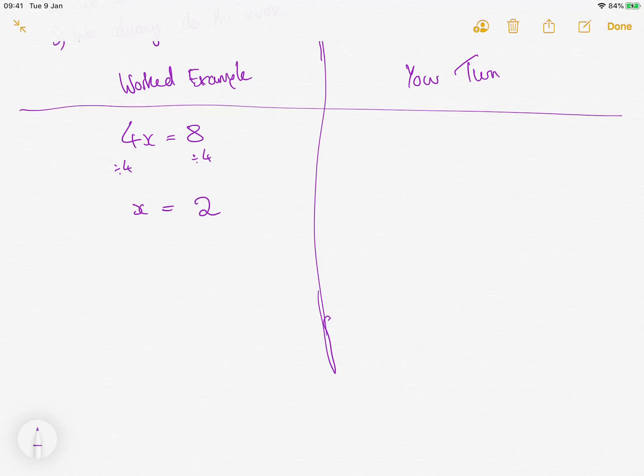What I'm doing here is doing the inverse and doing the same thing to both sides. What do I mean by doing the inverse? Well, this means that I'm doing 4 times by x.